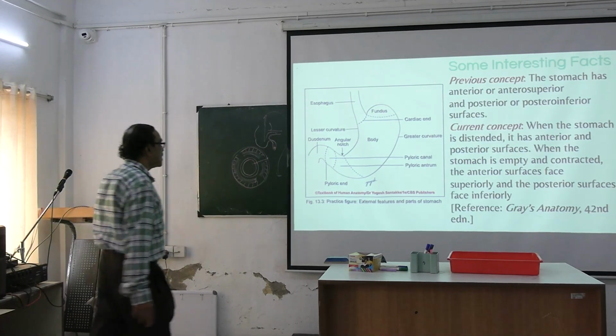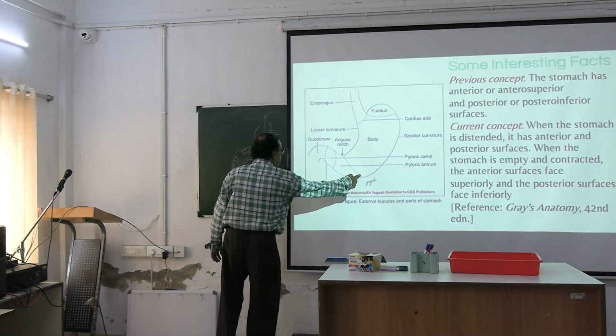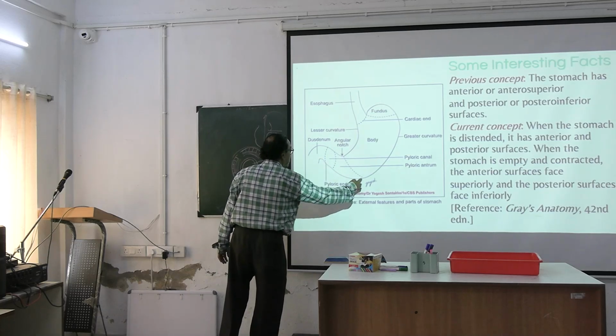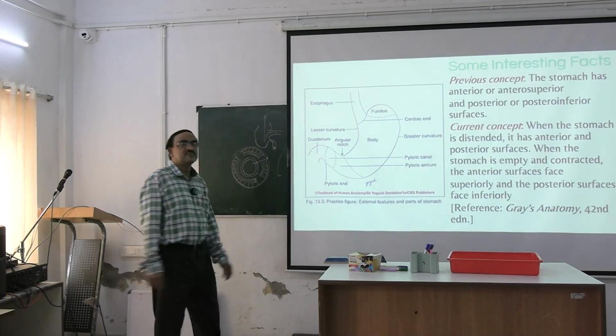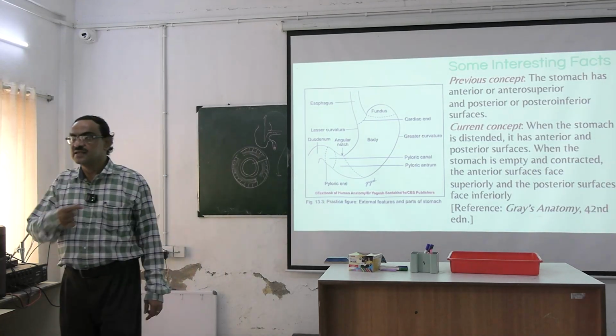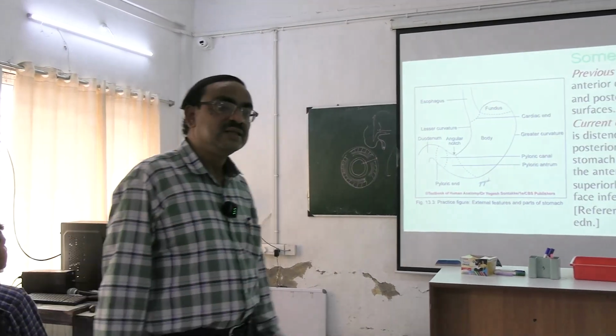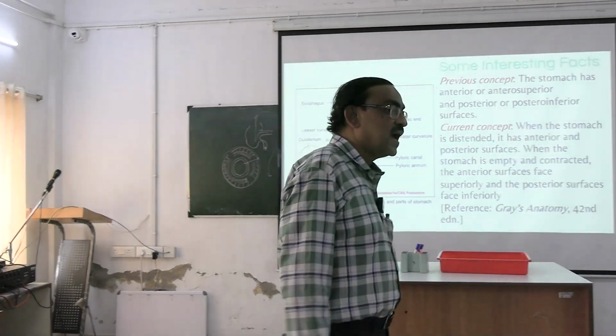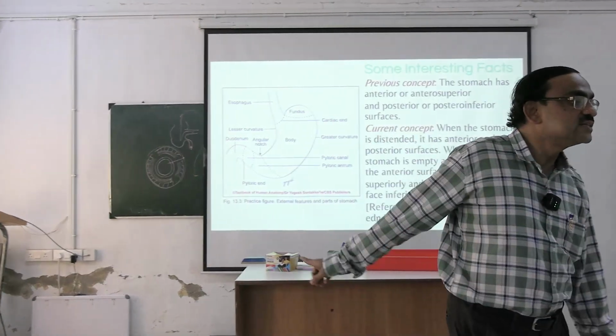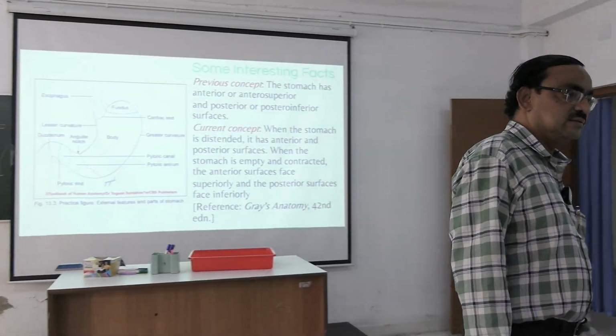Okay, so up to this point we can describe that part as the fundus. Now the next part, from here up to this, is the pylorus, and this pylorus is again divided into the proximal part, that is the pyloric antrum, and the next part, the pyloric canal.